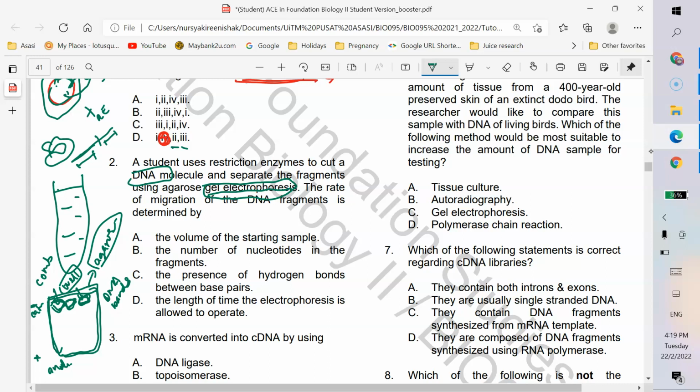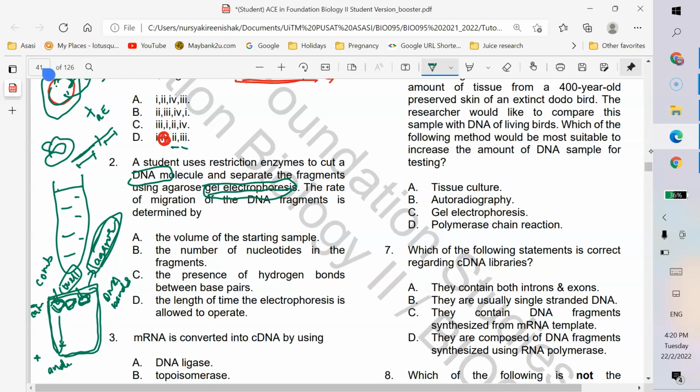Because the DNA runs through a medium made up of agarose, it cannot pass easily. There is a barrier, so its movement is slow. The smaller DNA fragment will travel the fastest, so it easily reaches the end.